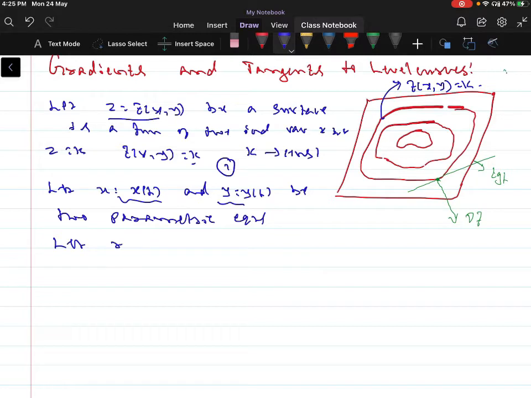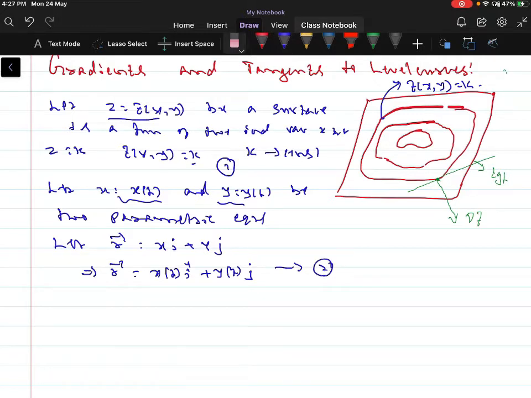Let vector r is equal to x i cap plus y j cap. This implies r can be written parametrically as x of t into i cap plus y of t into j cap. That is equation 2.